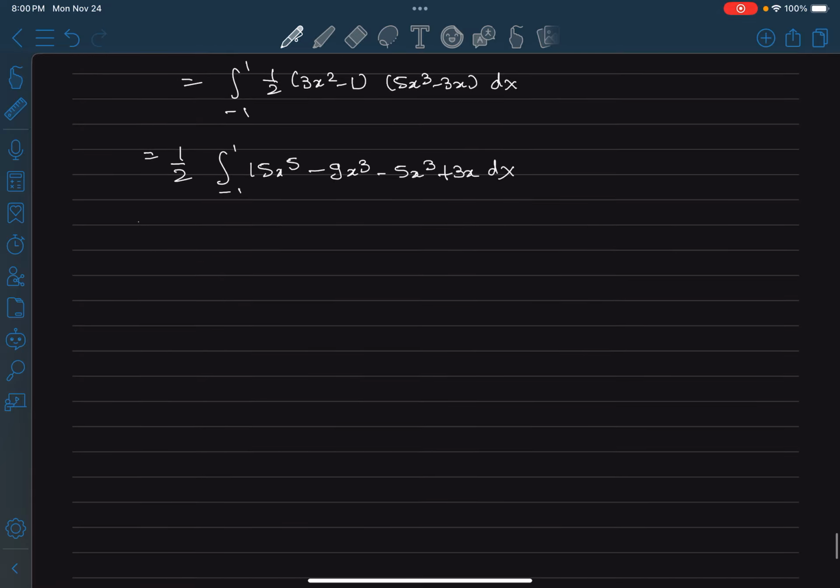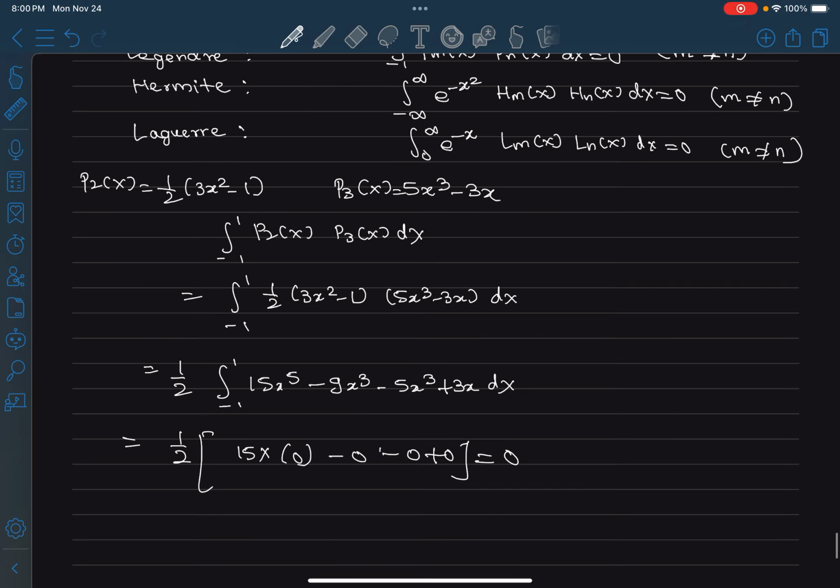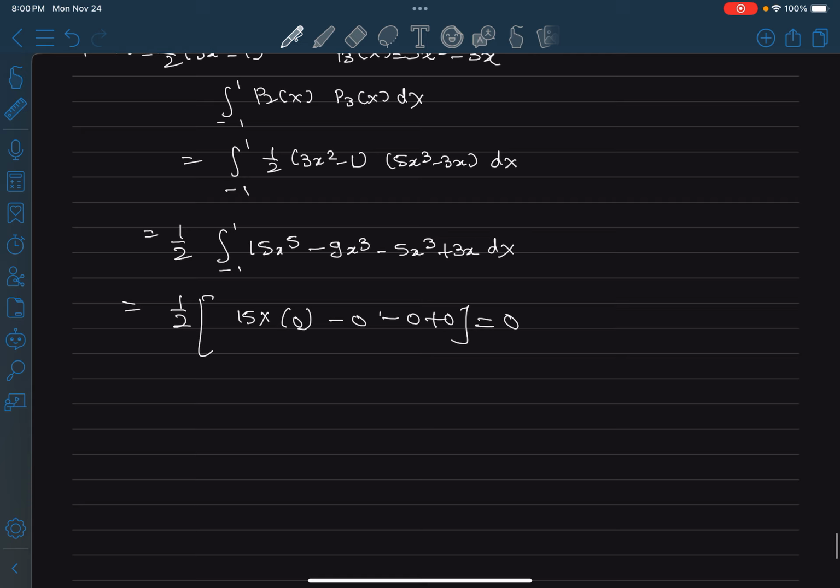So now this becomes 15 times x to the power 6 over 6, and that will just be 0 because it's an odd function. Actually all of them are odd functions, so that will just be 0. This one was so simple. So I got a very easy case, right?